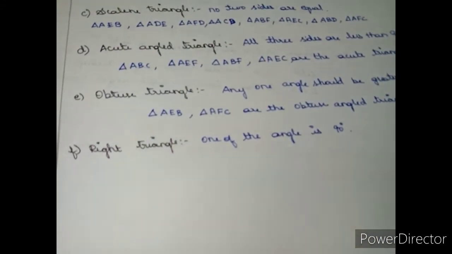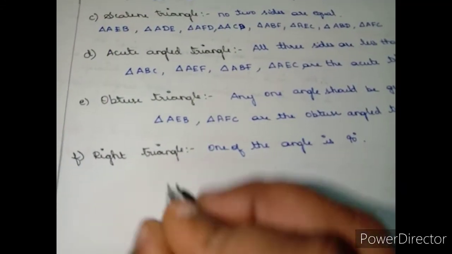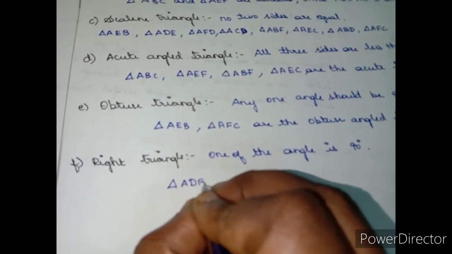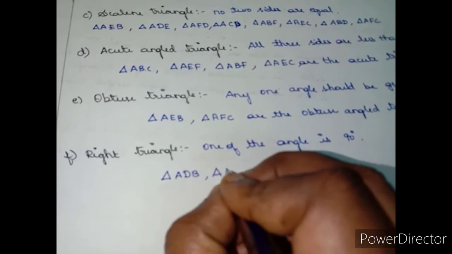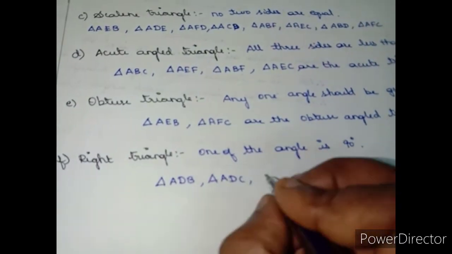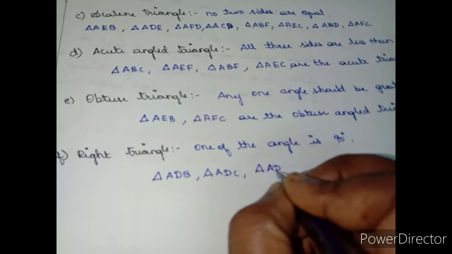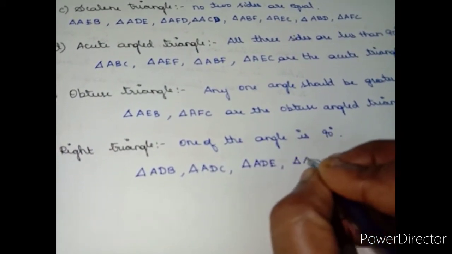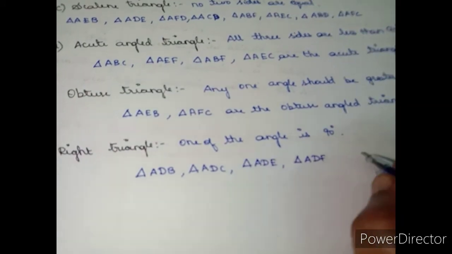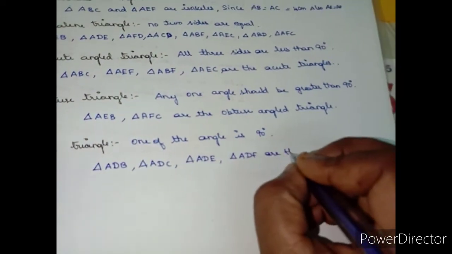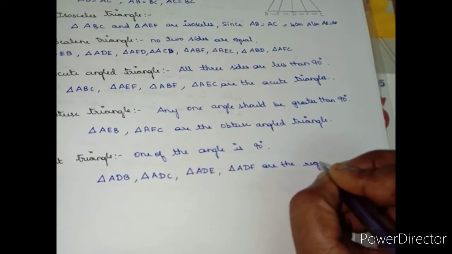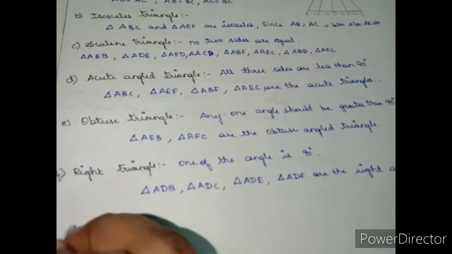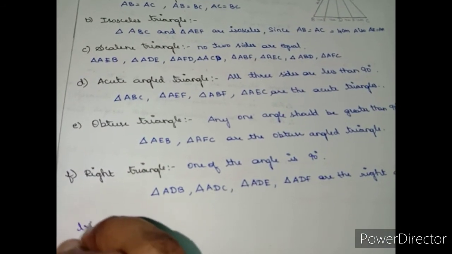Okay, so what are the triangles? Triangle ADB, triangle ADC, triangle ADE, triangle ADF. So these are the right angled triangles.